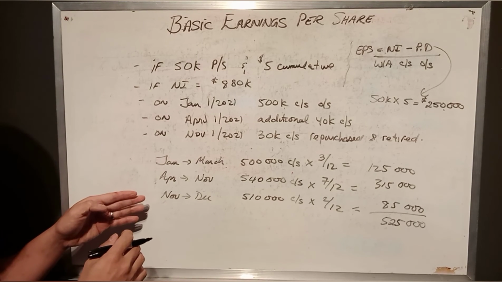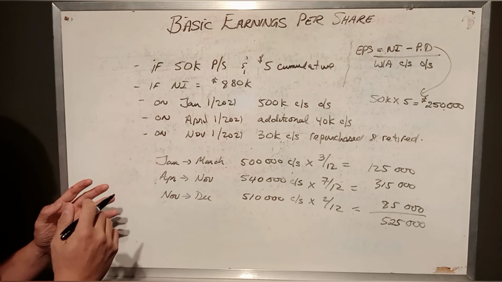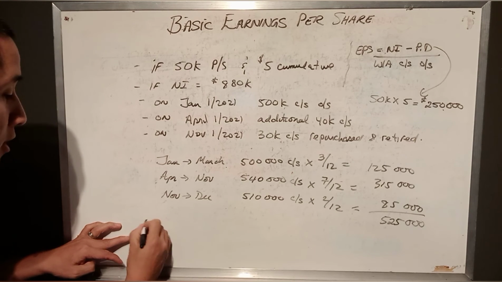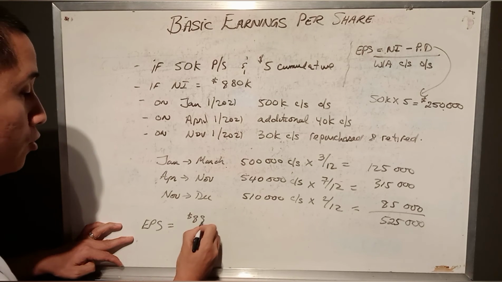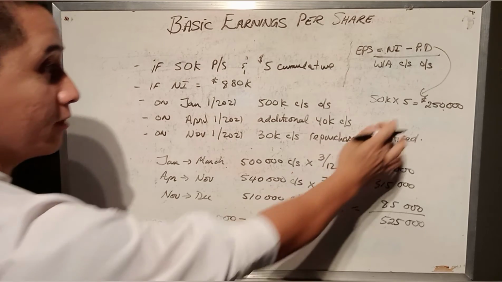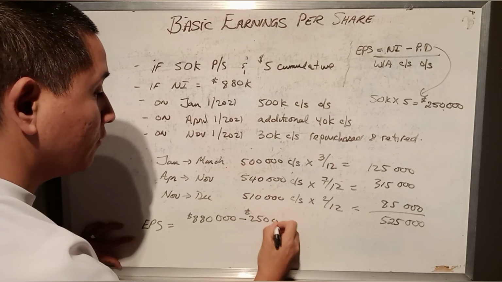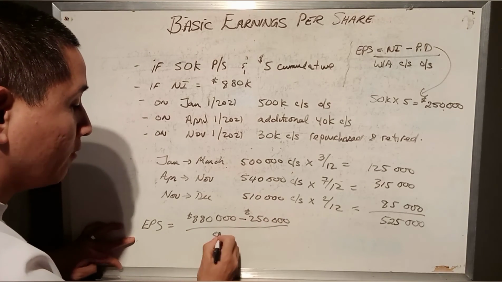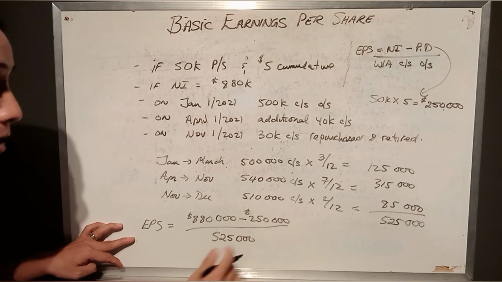So if we were to calculate the basic earnings per share, what would that yield? Earnings per share for ABC company would be $880,000 minus the cumulative preferred dividends of $250,000, all over the weighted average common shares outstanding throughout the year, which is 525,000 common shares.